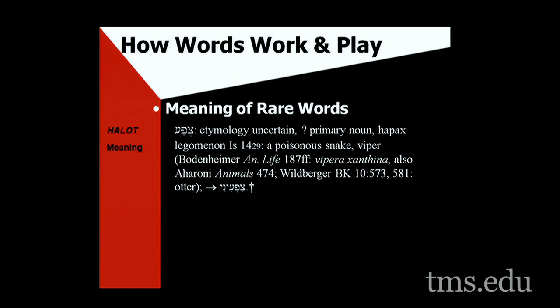Bodenheimer in his Ancient Life says it's Vipera xanthina, a type of poisonous viper. Also, Yohanan Aharoni in his book on the animals of the Bible reaches the same conclusion. And Wildberger in his German commentary, volume 10, on pages 573 and 581 on the book of Isaiah, concludes that it has the meaning of an otter, which seems very, very different, right?